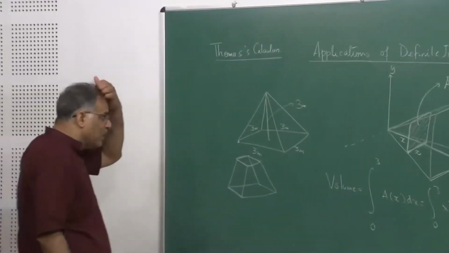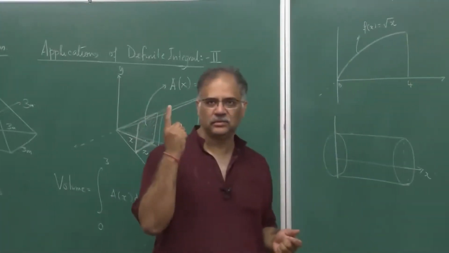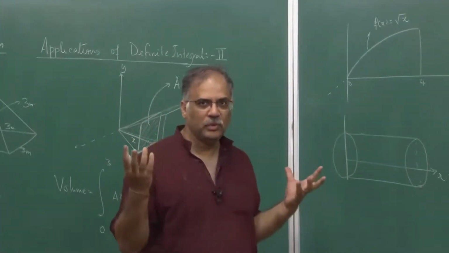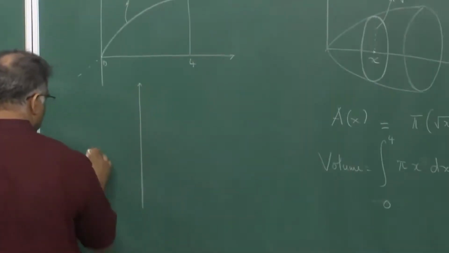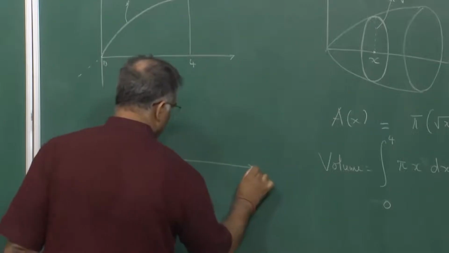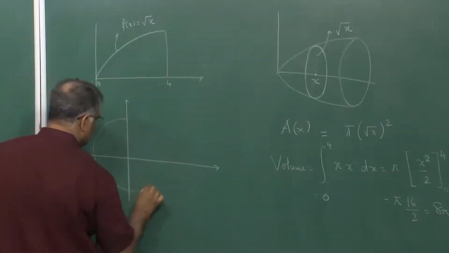So, now if I have a circle and then I rotate it along the x axis, what will be formed? I have a circle, x axis, y axis. So, here is my circle.